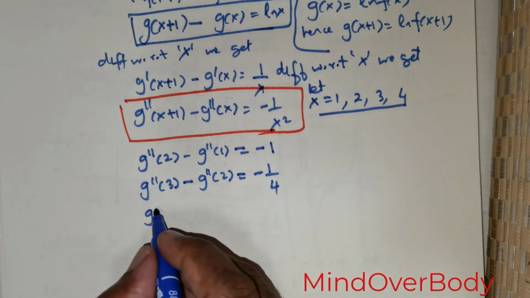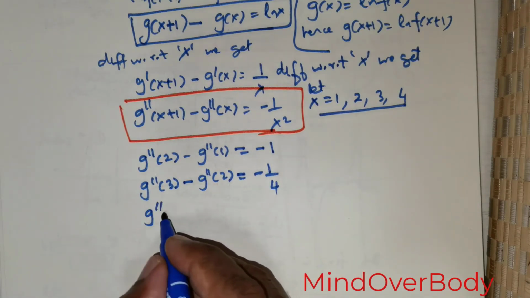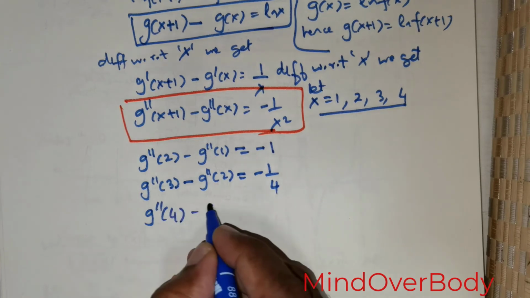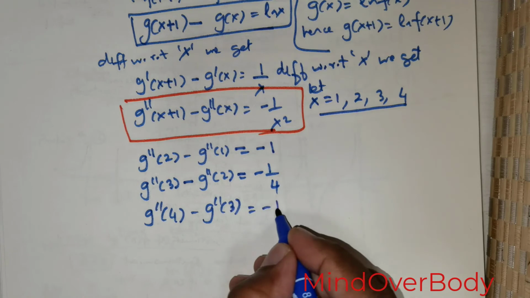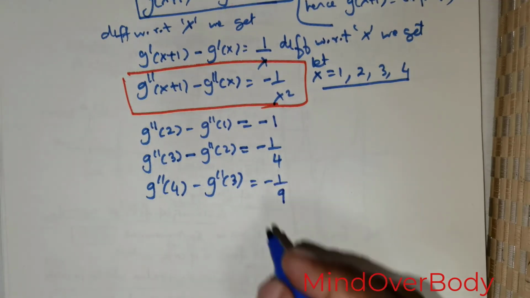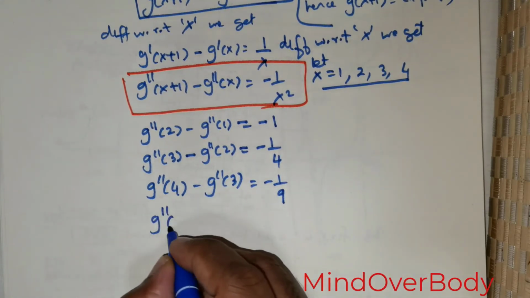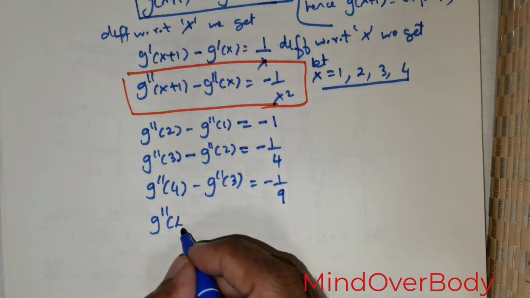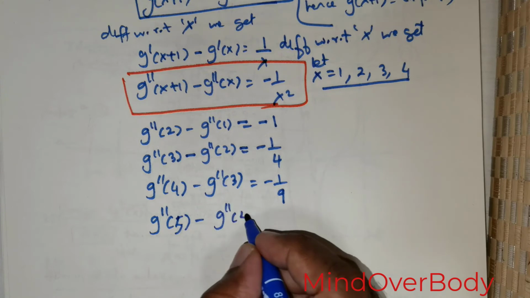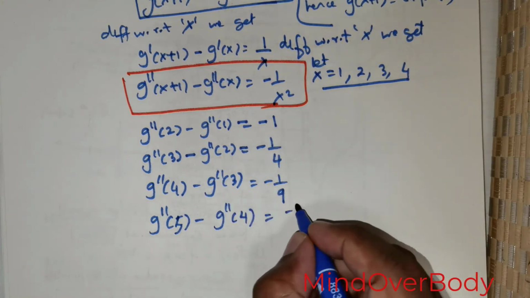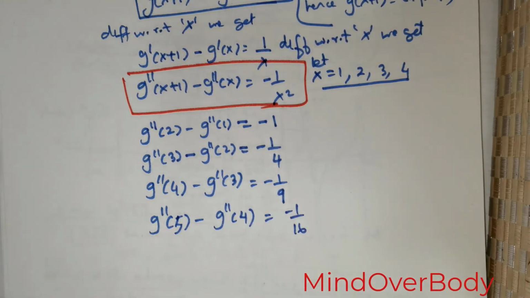When x is equal to 3, g double dash of 4 negative g double dash of 3 is equal to negative 1 over 9. And when x is equal to 4, g double dash of 5 negative g double dash of 4 is equal to negative 1 over 16. So this is what we have got.